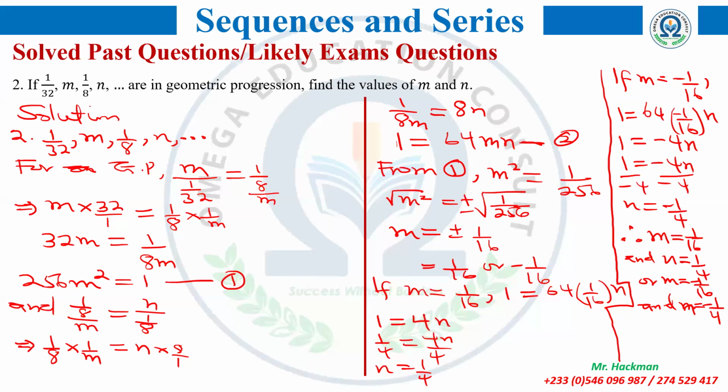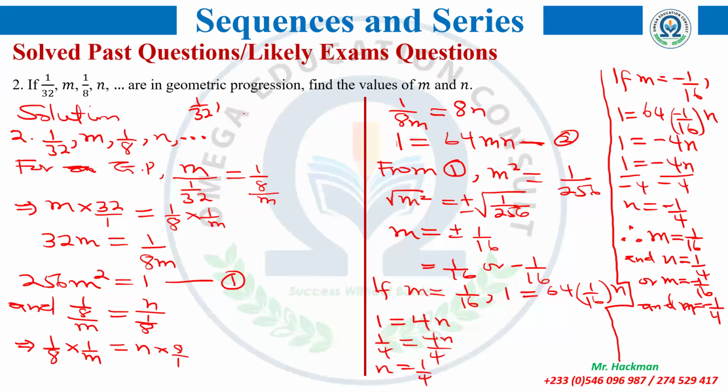Are you sure? Or a positive value? Okay, so we are going to form this sequence with the m and the corresponding n and see whether indeed it will be geometric. I won't answer your question. After that, you take your own answer. Is that okay?